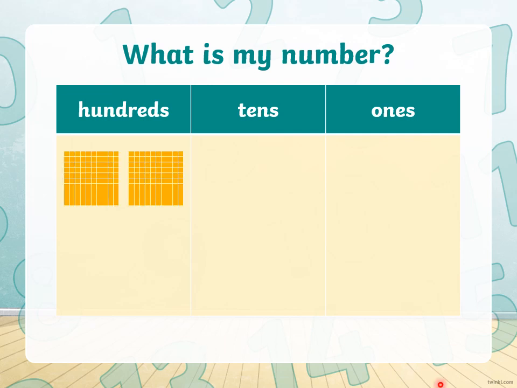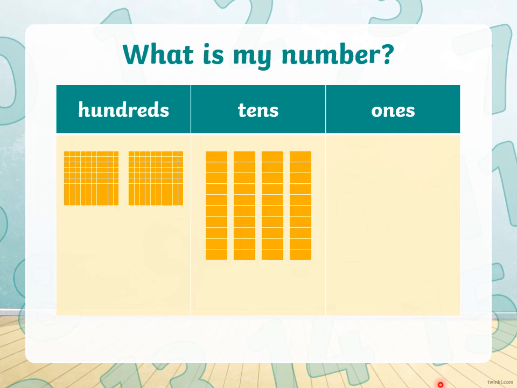Okay, so we've got 2 hundreds, we've got 4 tens, but no ones. So let's have a look at our number, 240. If we didn't put a 0 at the end, and we took that away, our number would be 24, and that wouldn't be correct.